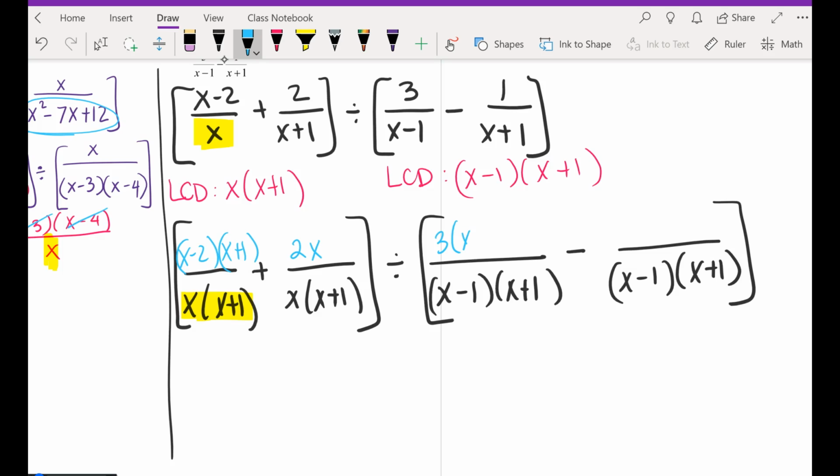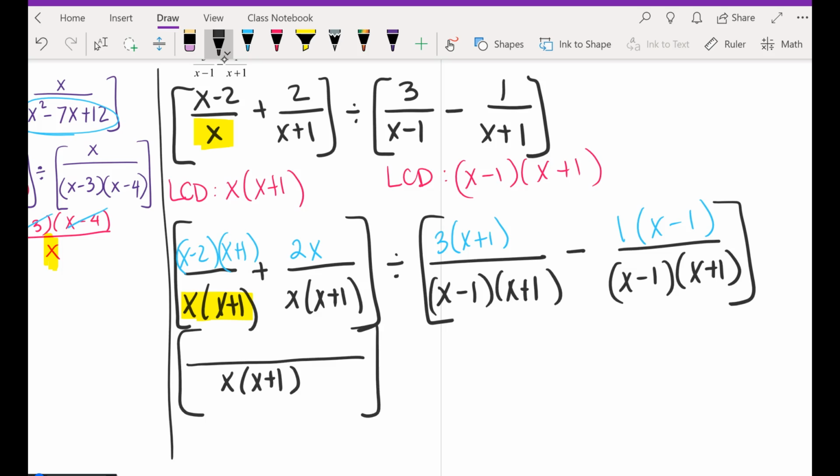And over here, I'm going to multiply the 1 with what? That's right. Then slowly, I'm going to write over one denominator, x times x plus 1. And then distribute. Here we go.